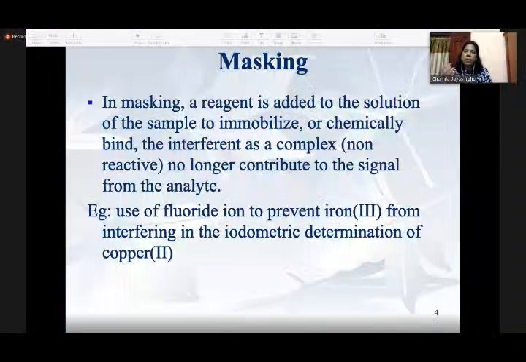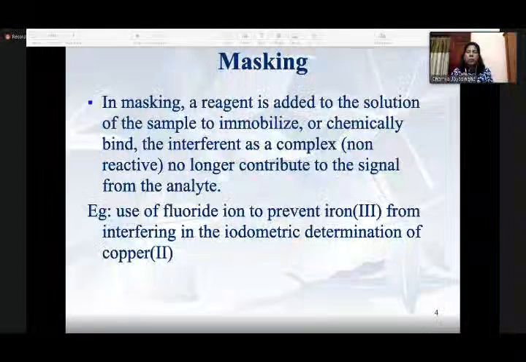Once it's immobilized, it can't move. If the chemical species can't move in your solution or within your sample, then it won't be a problem for us.